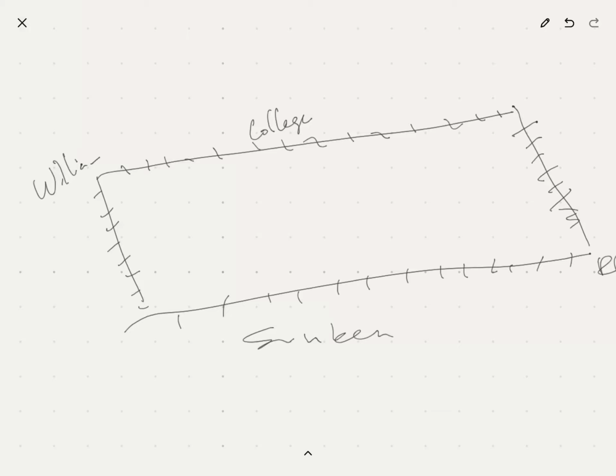Now, inside that space, which areas have paths? Well, there's a path over here, and it goes like this as far as I know, and then boop, and then goes like that.